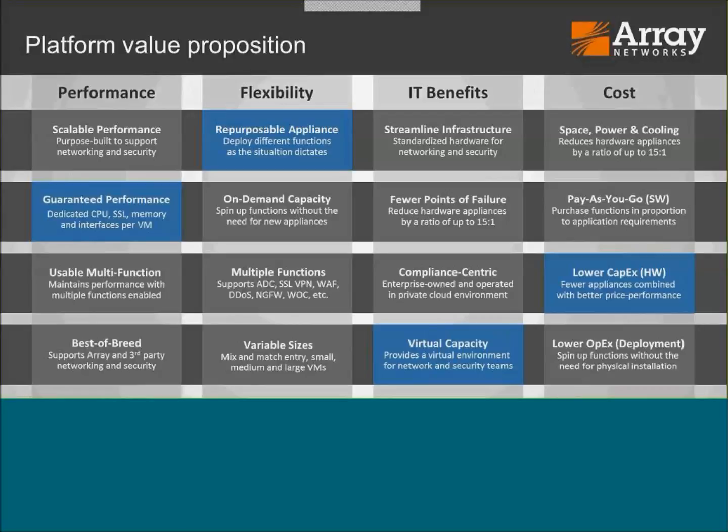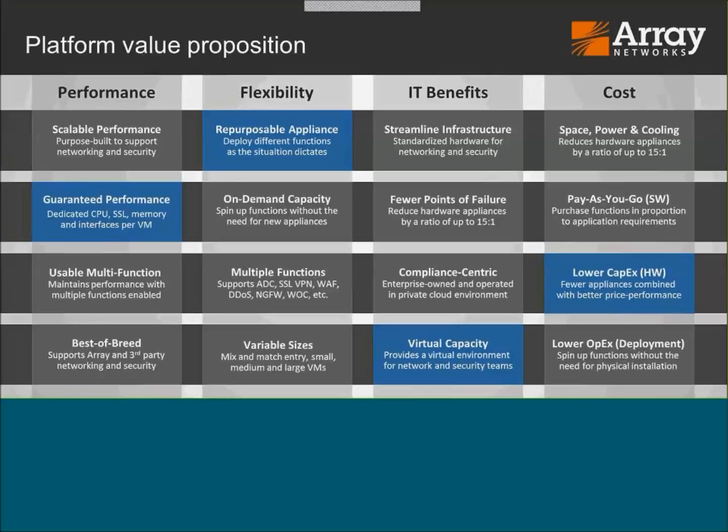And kind of wrapping things up a little bit here, it's an eye chart, but we think there's a lot of good stuff, a lot of value with the network functions platform. I'm not going to read them all. We've touched on most of them. But really they found some key buckets here, right, which is performance, flexibility, IT benefits, and also cost. So, we talked about that it's scalable performance, guaranteed performance.